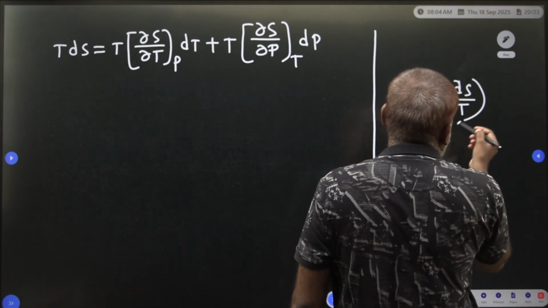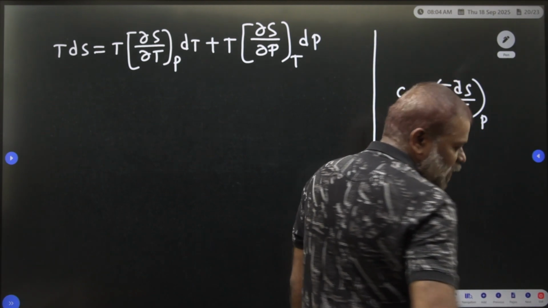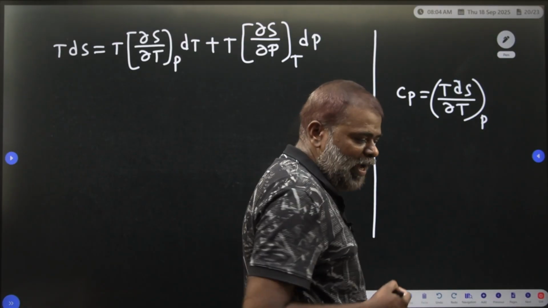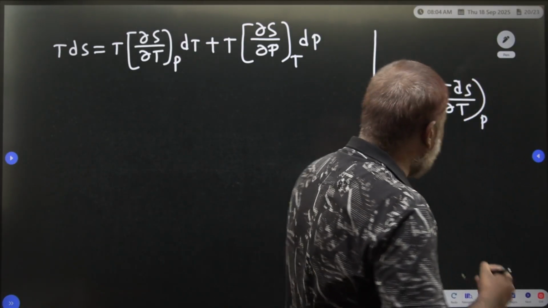This is the specific heat at constant pressure. Now use the fourth Maxwell relation.